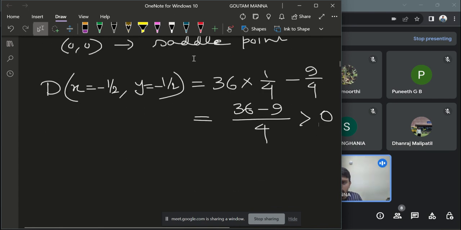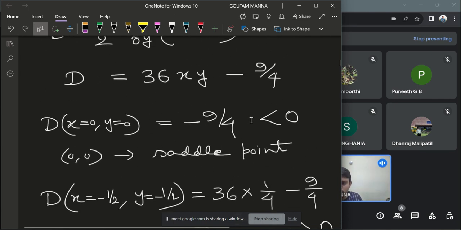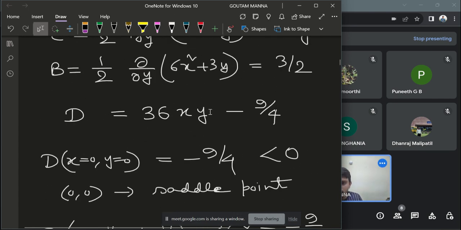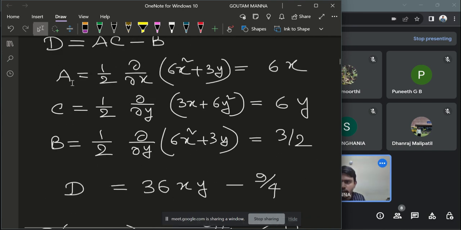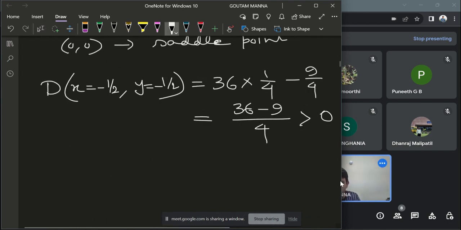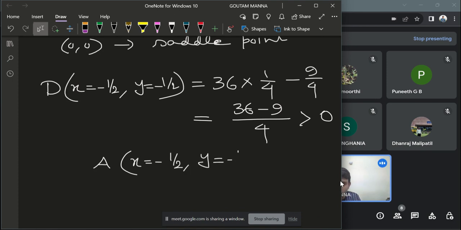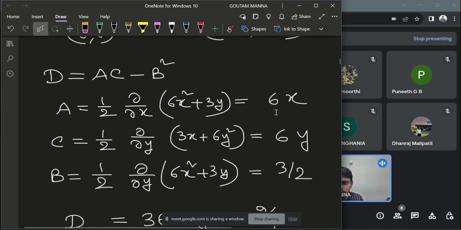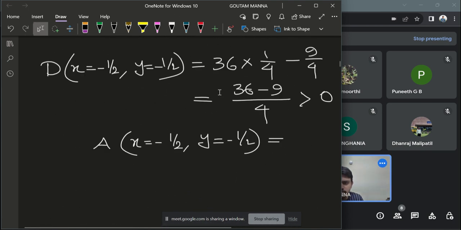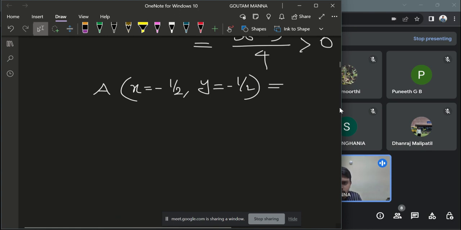So we have something here, either a local maximum or local minimum. For that, whether it is a local maximum or minimum, we check what's the value of A at this point. So the value of A at x equals minus half, y equals minus half equals minus 6 by 2. A is 6x, so it will be minus 6 by 2, that is minus 3, which is less than 0.